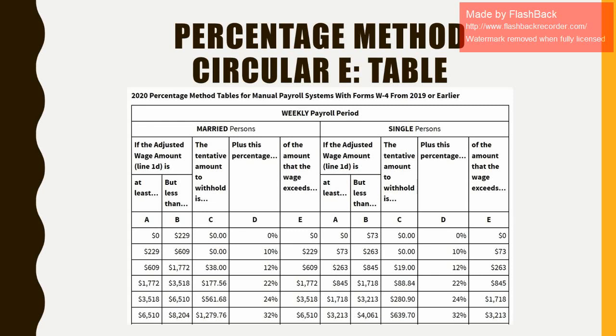In this case, she earned definitely more than $263, but less than $845. So right here, we've already found our A and B. Now we need to subtract E, multiply D, and then add our C.